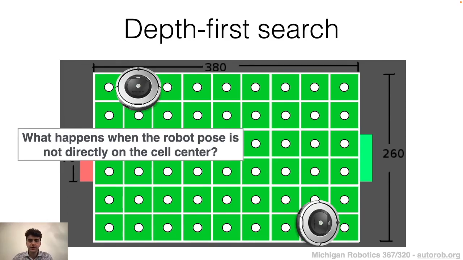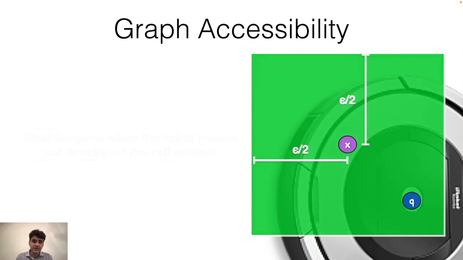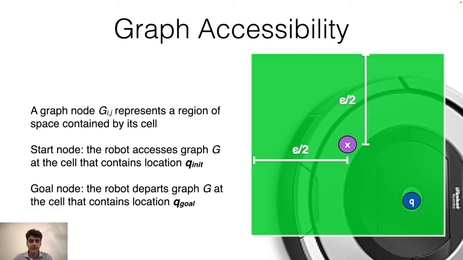To look at that more closely, let's consider this question of graph accessibility. What happens if the continuous robot pose, the xy coordinates, is not directly on top of the center of a grid cell? In that case, you'd have to consider that these grid cells represent a region of the configuration space that's within an epsilon step away from the center of the graph node.